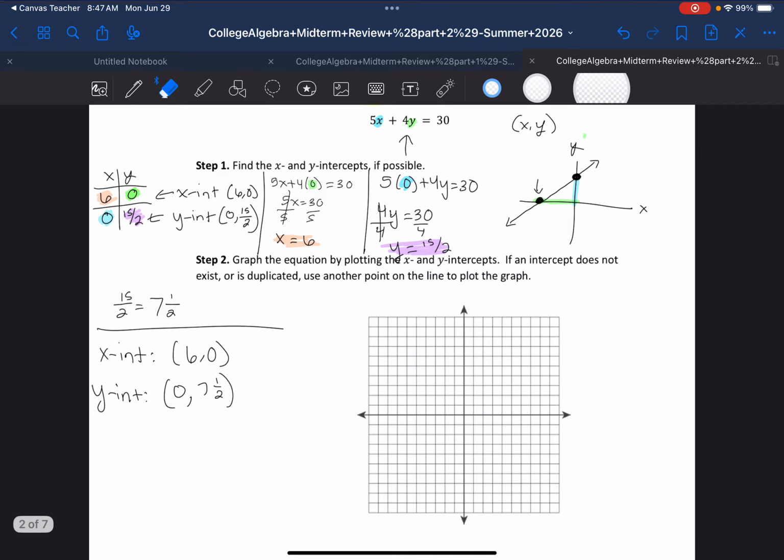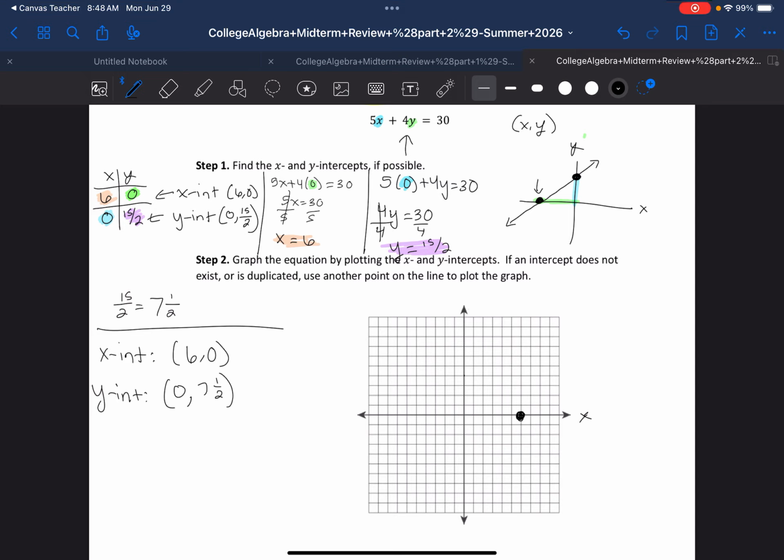So using this graph, if I count 6 over, that would be right here. So that is the point right there, (6, 0). That's my x-intercept. And then for the y, x is 0 and y is 7 1/2.